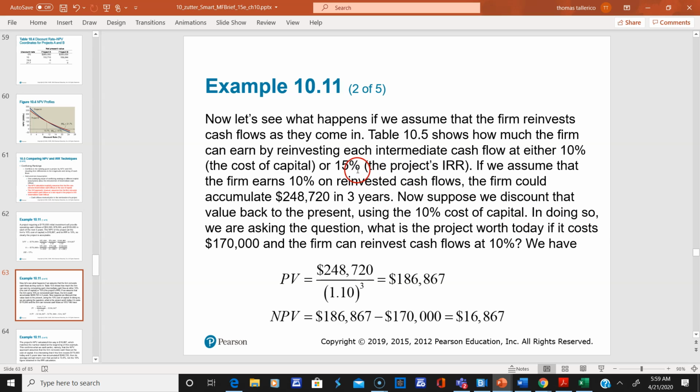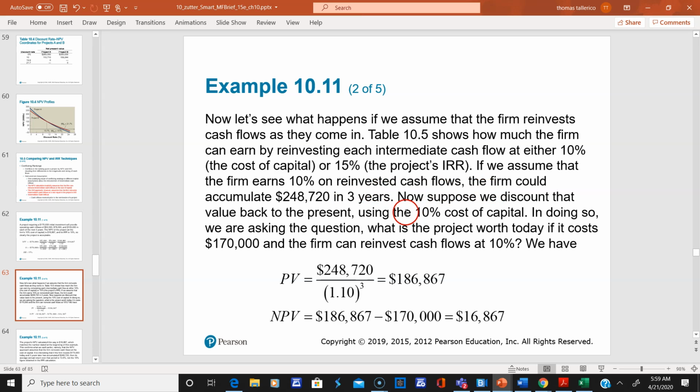Now let's see what happens if we assume that the firm reinvests cash flows as they come in. Table 10.5 shows how much the firm can earn by reinvesting each intermediate cash flow at either 10%, the cost of capital, or 15%, the project's internal rate of return. If we assume that the firm earns 10% on reinvested cash flows, the firm could accumulate this amount of money in 3 years.